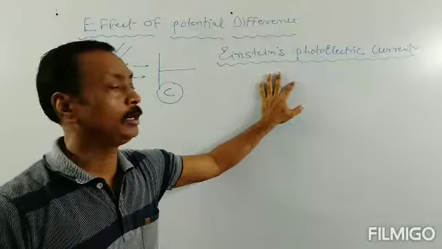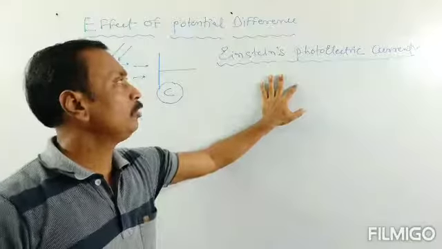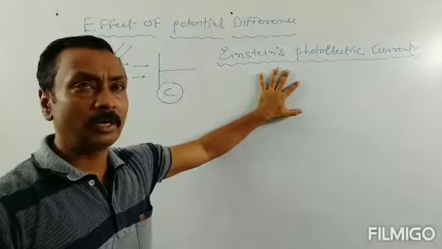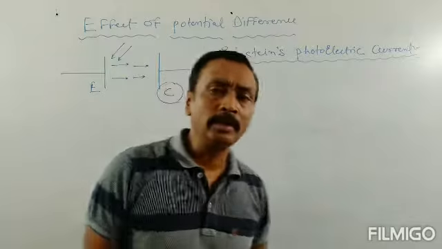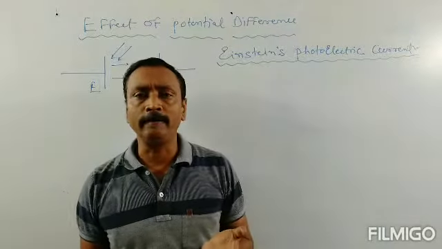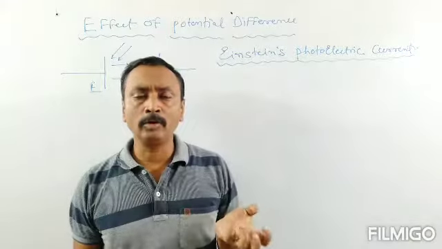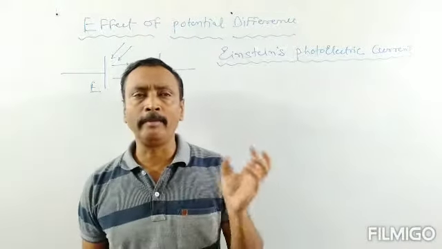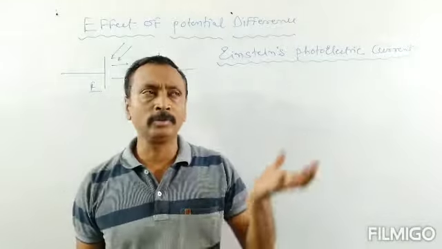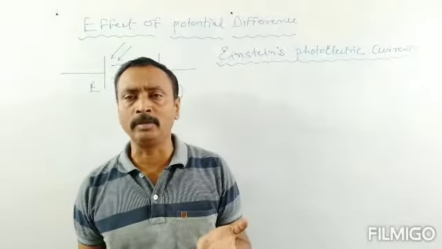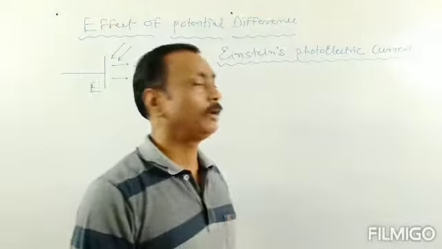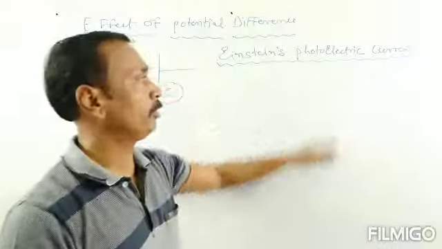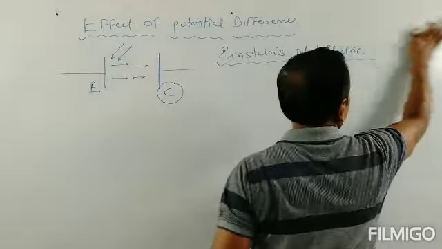In the Einstein theory, the quantum theory, we explain why the electron is emitted when photons are incident on that plate. All of this theory is included in the Einstein photoelectric equation.